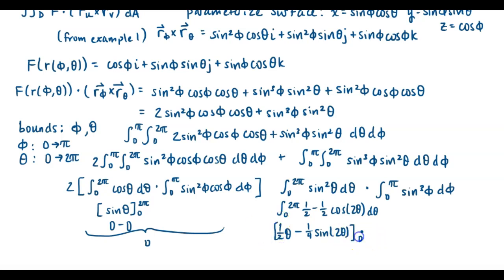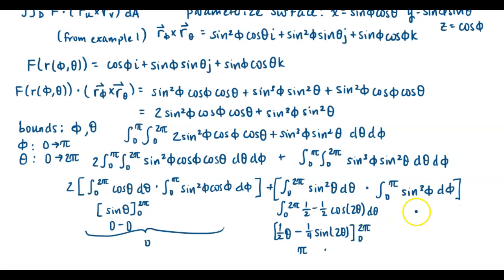Taking that from 0 to 2 pi, when I plug in 2 pi, I get 1/2 times 2 pi, which is pi. Sine of 4 pi is 0. Likewise, sine of 0 is 0, and so this is just going to give us pi. Now we're multiplying this by, remembering that we are adding these, so let's really just put brackets in this to show that we're adding.